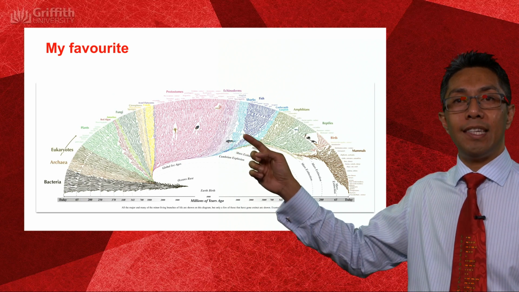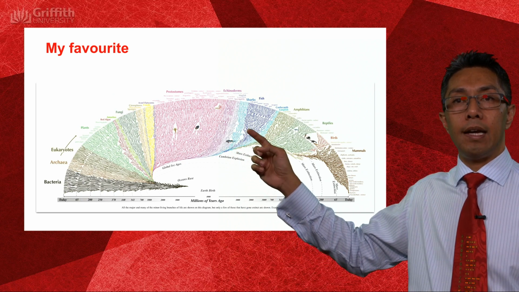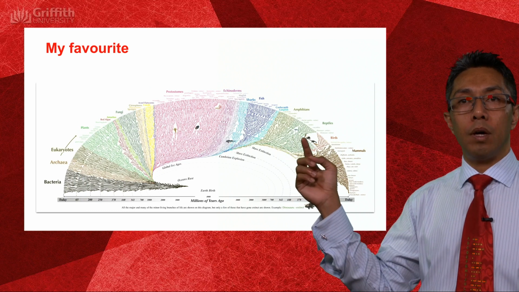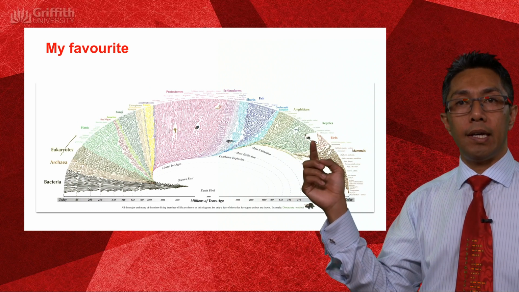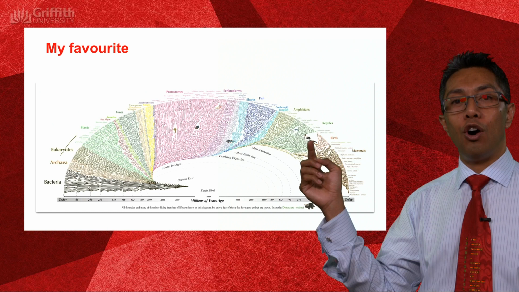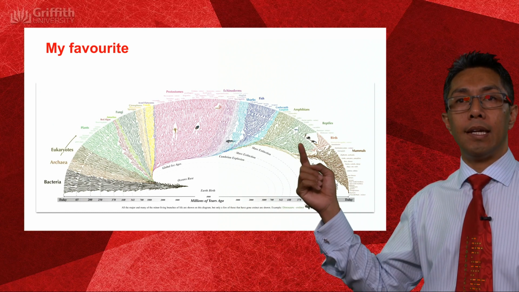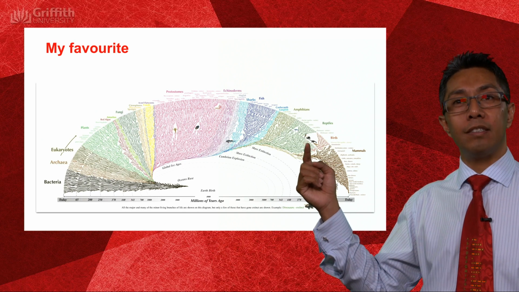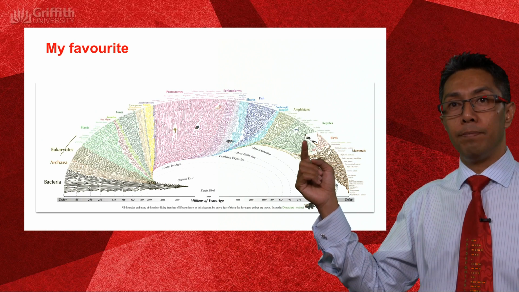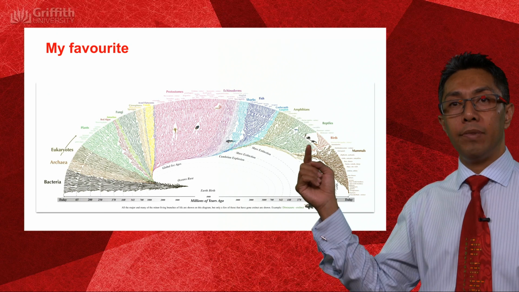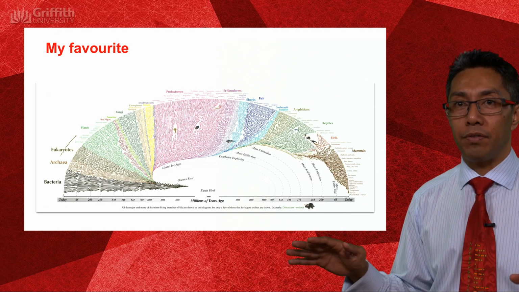Now, wherever you see these gaps in the tree, and there's one over here, this one over here is the extinction of the dinosaurs. So as we're moving out from here to here, that's about 65 million years ago at that KT boundary. So that big gap there is the dinosaurs disappearing off the face of the Earth.